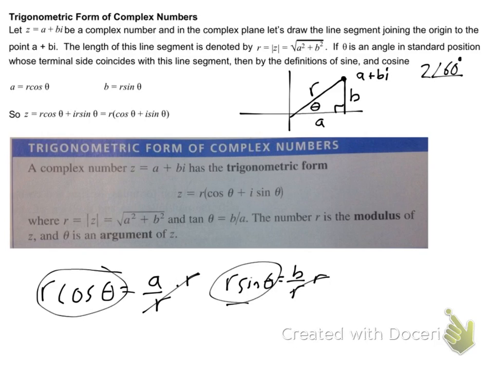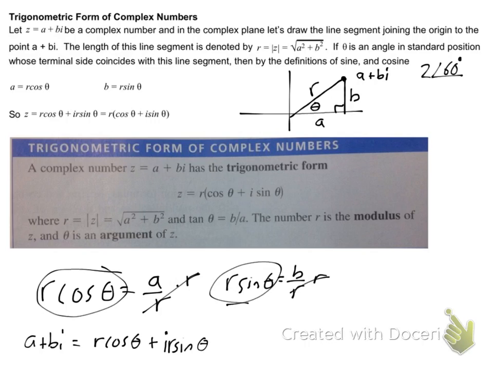Well, isn't a complex number a plus bi? So a plus bi would equal r cosine theta plus i r sine theta. I took out a and b and put in their trig functions.